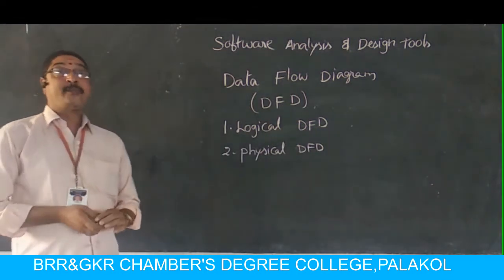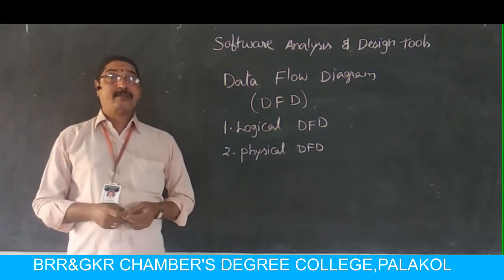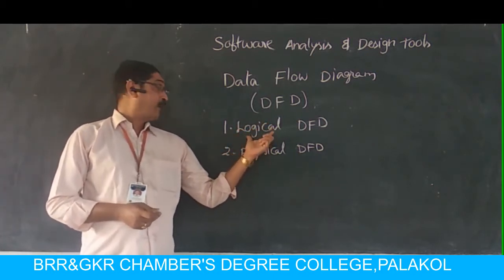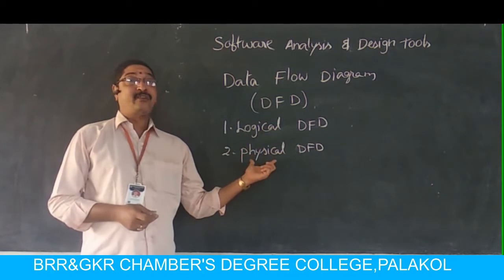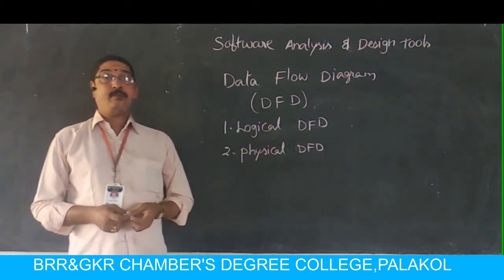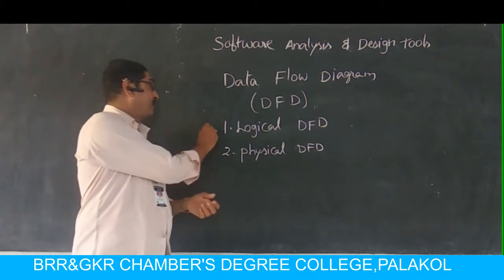These two are the types of data flow diagrams. Data flow diagrams can be classified as logical data flow diagram and physical data flow diagram. Let us discuss each one.